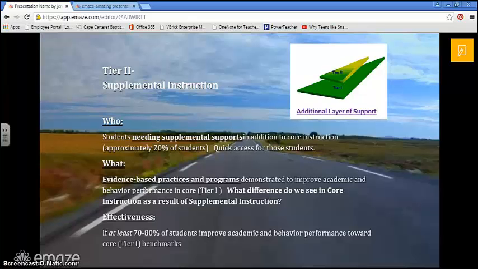It could be an instructional support team leader to help team teach or provide additional instruction or focused intervention. And so the effectiveness, if at least 70 to 80% of students improve academic and behavior performance towards the core on their benchmarks, then we know that that supplemental instruction is being effective.